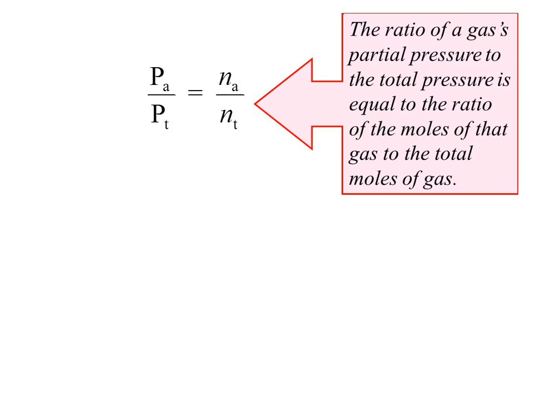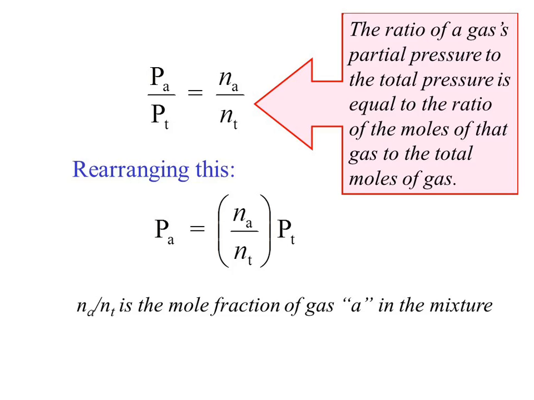We clean it up because usually you know the total pressure. And there's a good chance that you know the number of moles of a component and the total number of moles. And oftentimes you're after the partial pressure. So if you're after the partial pressure of a component, all you've got to do is know the total pressure of your gas mixture.